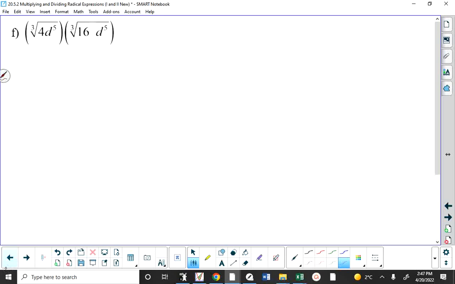Cube root of 4d to the 5 times cube root of 16d to the 5. Now, could we simplify each of these first? Yes. Could we multiply them first? Sure. I'm going to choose to simplify them first. The cube root of 4d to the 5.